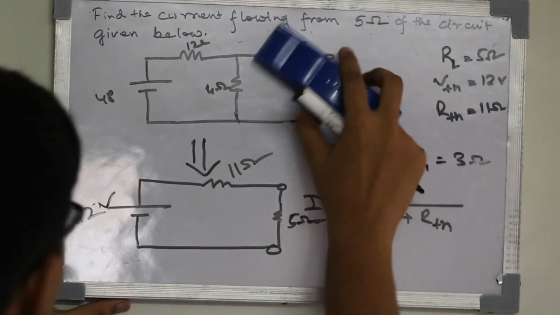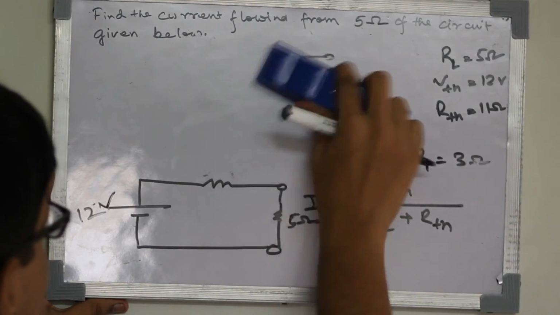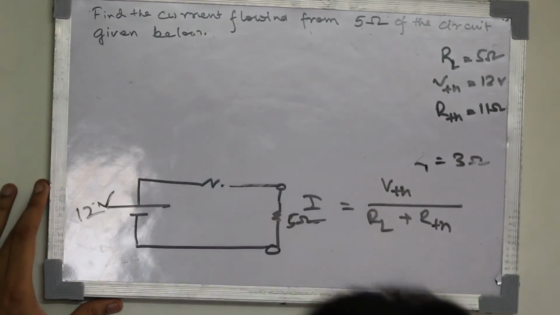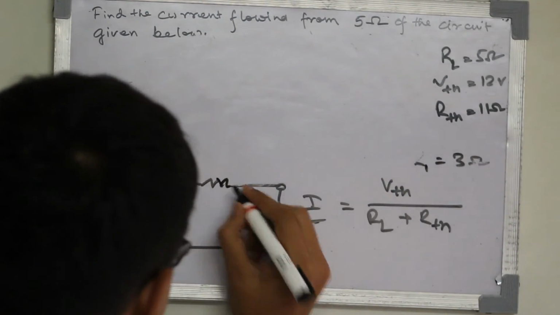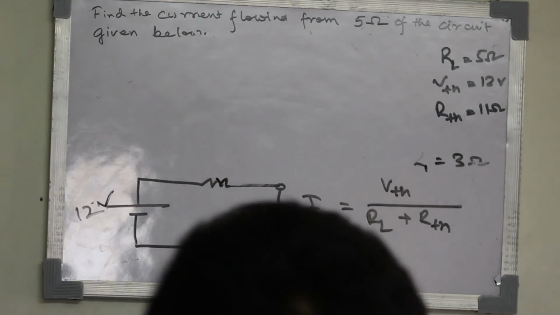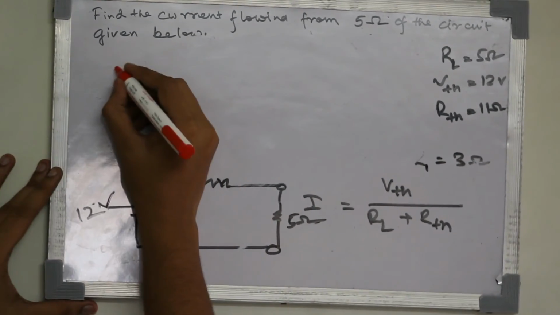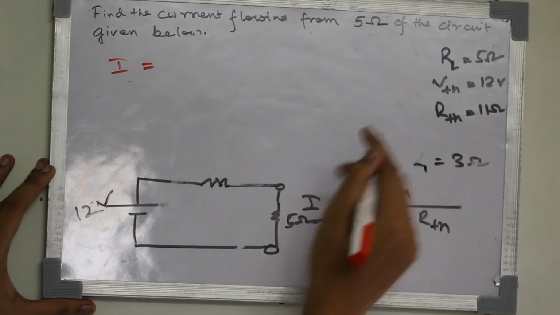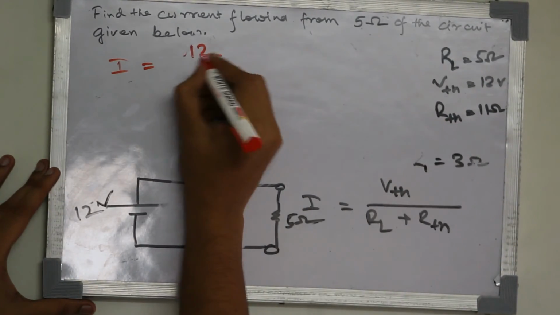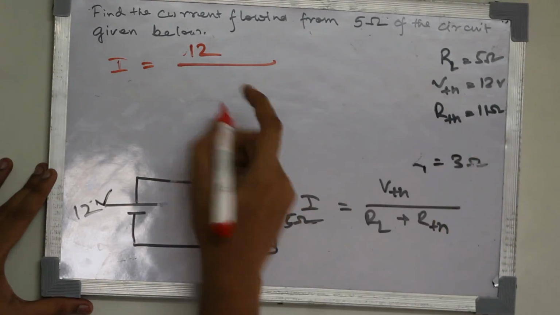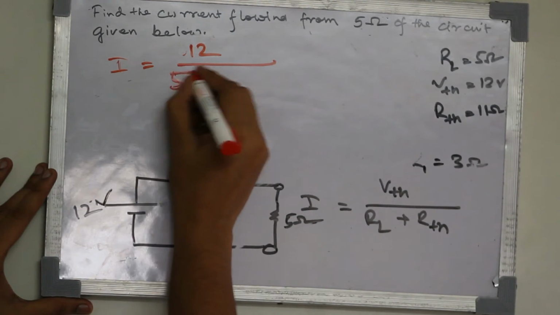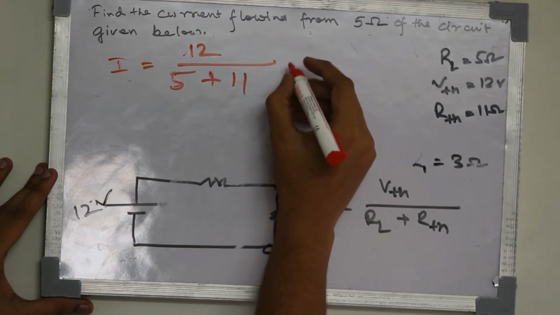Now the final answer, that how much current is flowing from 5 ohm, this will be I equals to VTH is 12, RL is 5 and RTH is 11.